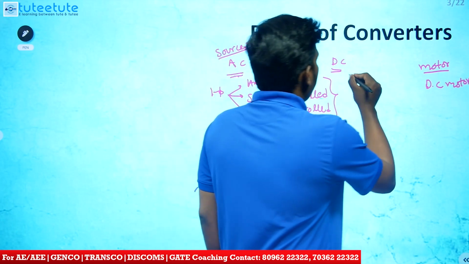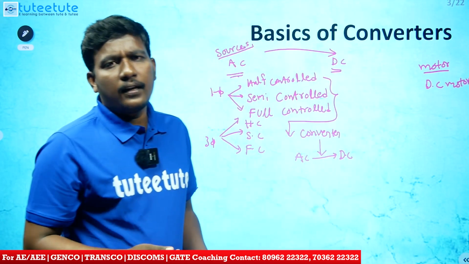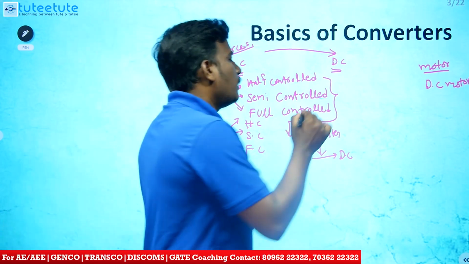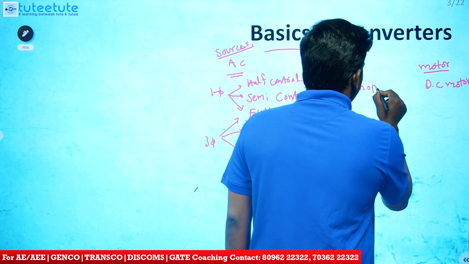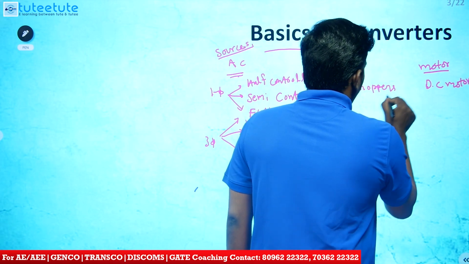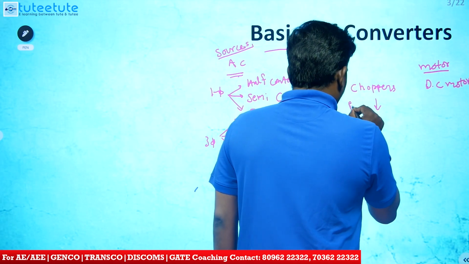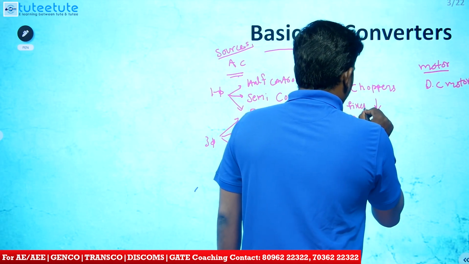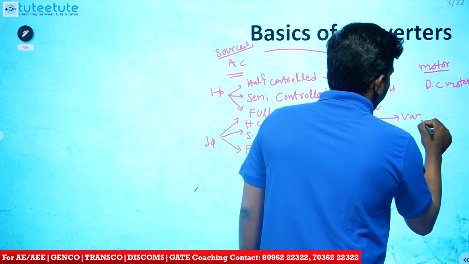Suppose the source for our DC drive is a DC, then what type of power modulators are we going to use? Choppers. What will choppers do? They convert fixed DC to variable DC.